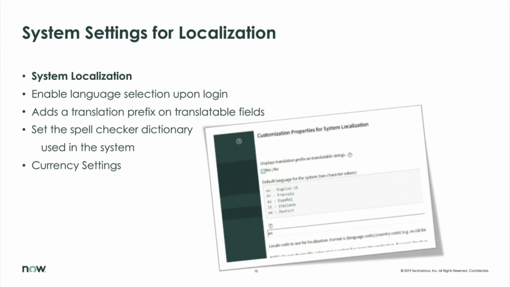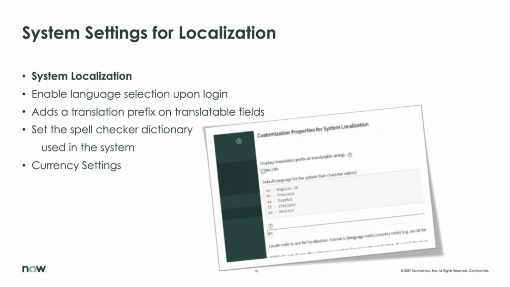So you do have some control over the system localization. You can go to the system localization page, and this is a properties page that has the initial language that you want to be enabled by default. It adds translation prefixes to the translation tables, and you can make a lot of those changes.